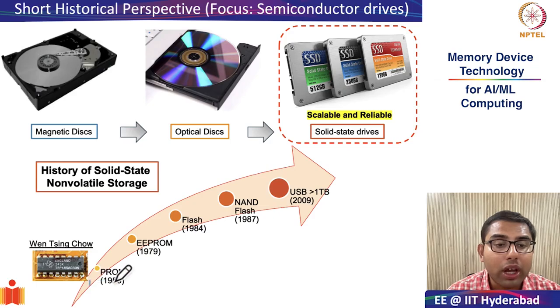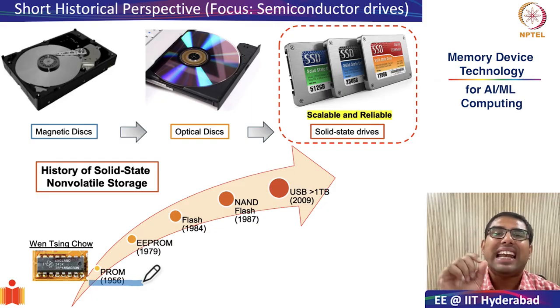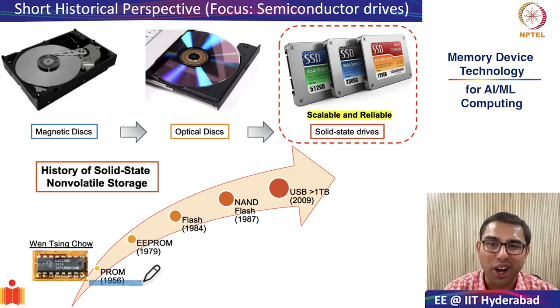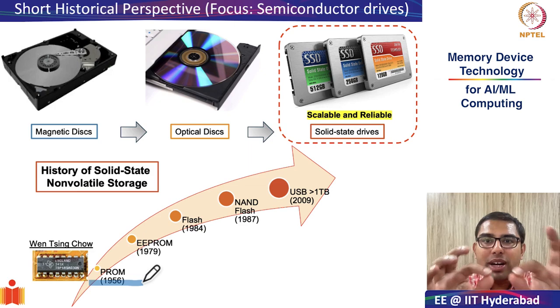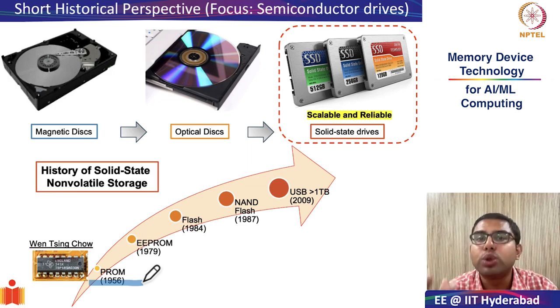So this is the programmable read-only memory discovered in 1956. The programmable read-only memory is a rather simplistic device. It contains arrays of electronic fuses. Just like in your home you have an electrical fuse box, you have an element, a kind of metal element, and if there is a surge of current, this fuse simply breaks.